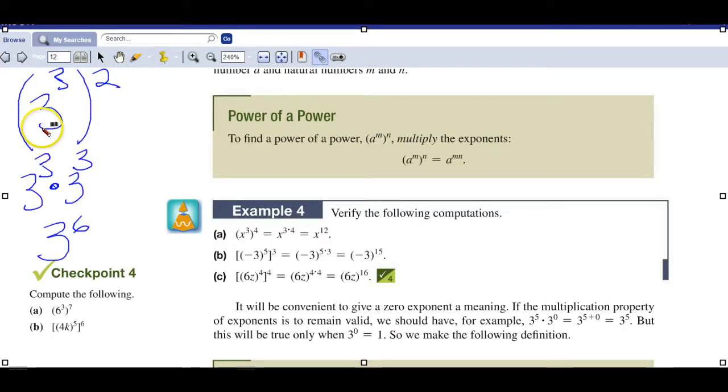So if we have a base that's raised to a power, and then in parentheses, this power is raised to a power, this means that you have 3 to the 3rd times 3 to the 3rd. And adding these up, you get a 6. But in this form, when you're raising it to a power, what would the shortcut be?